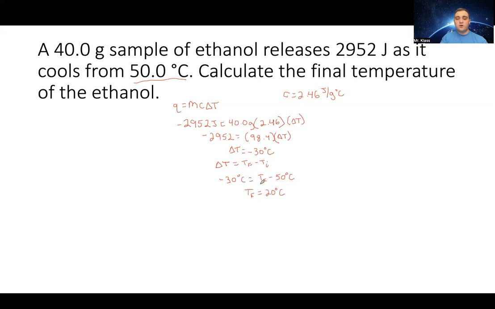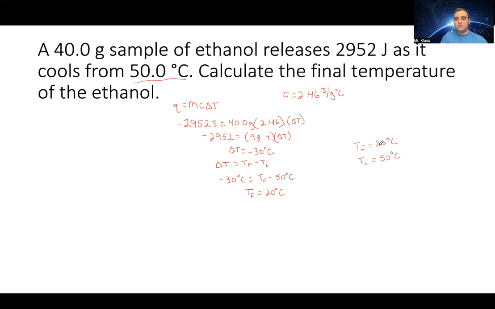So now we solved for the final temperature. And because we have to pay attention to negative and positive signs, we should double check things. If there's energy released, then the final temperature is going to be lower than the initial temperature. So the final we calculated is 20 degrees Celsius, and our initial told to us was 50 degrees Celsius.